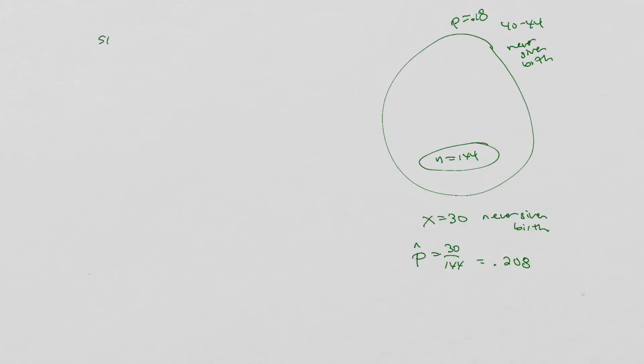So in this case, we're taking a sample of size 144. Right? So since we're taking a pretty big sample, we should be okay, but we can still check it. Right? If I look at n times p times 1 minus p, that gives me 144 times 0.18 times 0.82.